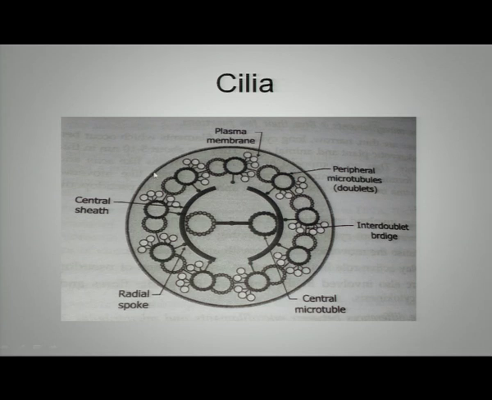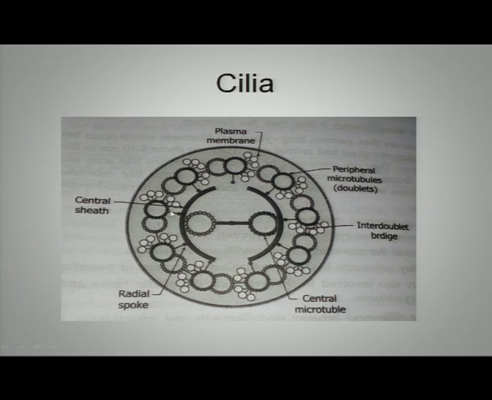Here you can see the enlarged view of the same diagram. 9+2 arrangement of microtubules: 9 microtubules in the periphery, and each one is a doublet with A and B subtubules.